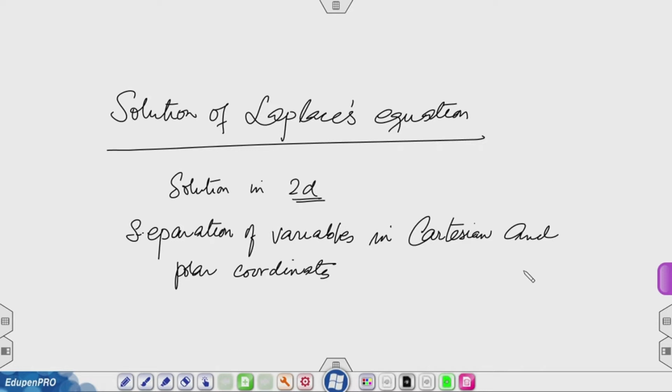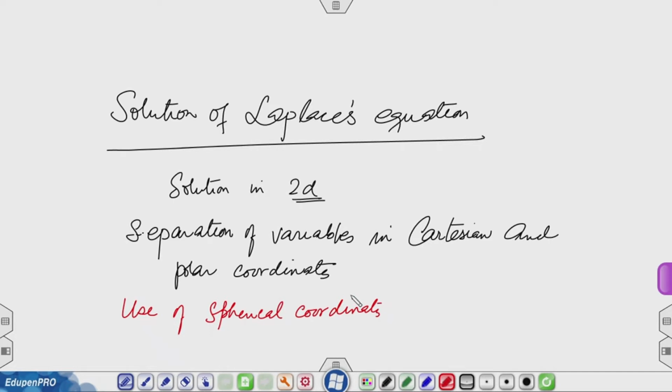symmetry in the problem. So, today's lecture is on use of spherical coordinates, that is r, theta and phi, in problems with azimuthal symmetry.